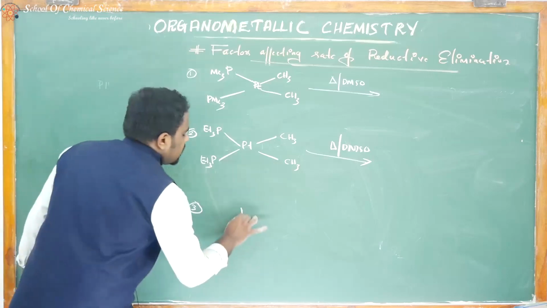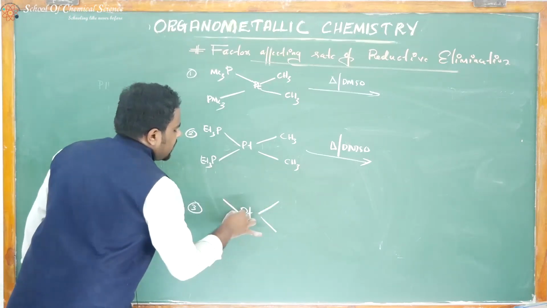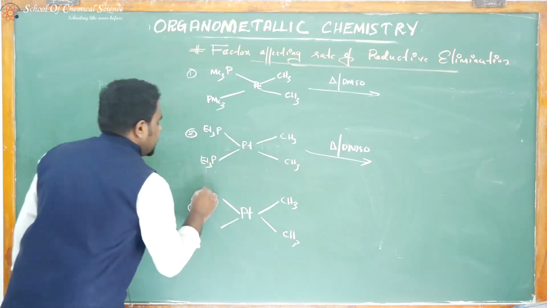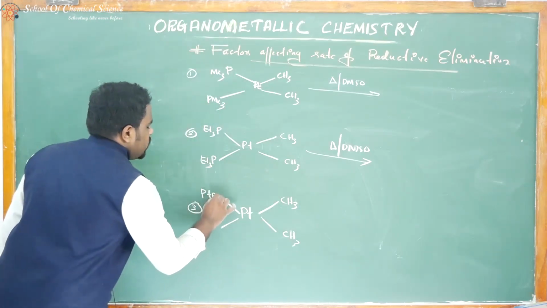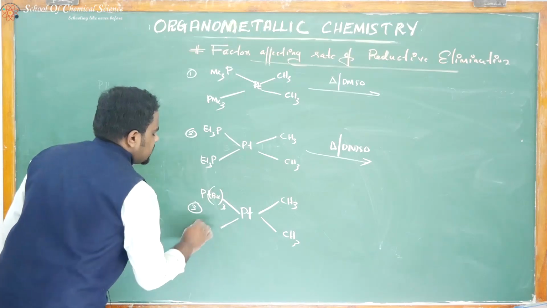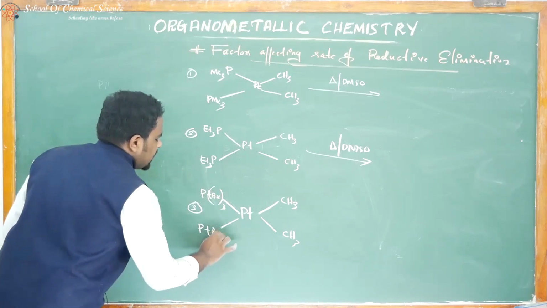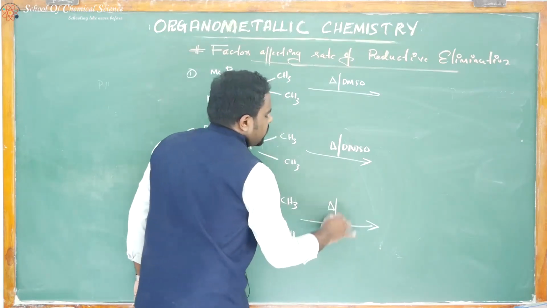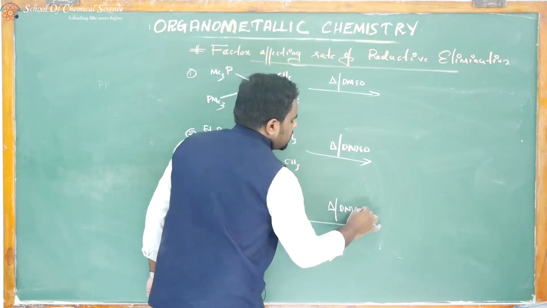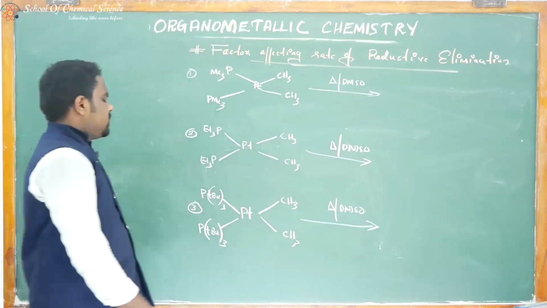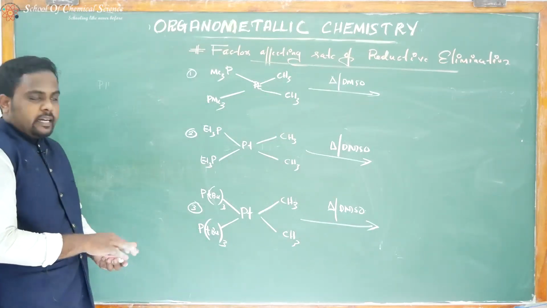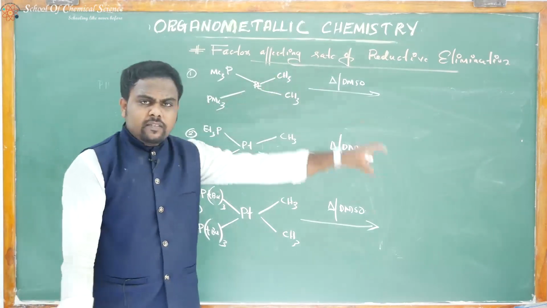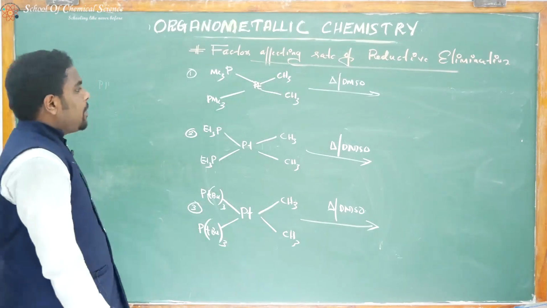Third one: Pt square planar complex, CH3, P-tBu3, tertiary butyl thrice, heating in the presence of a DMSO type solvent. Okay, compare the rate. In all these cases, the product will be ethane. You have to compare the rate.